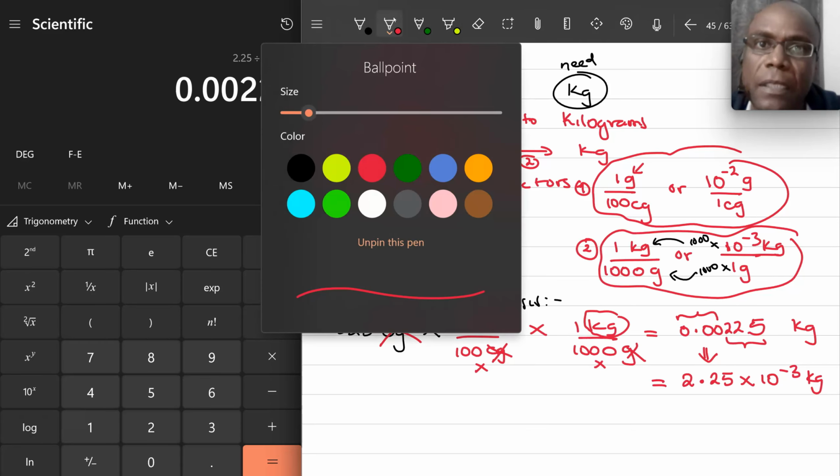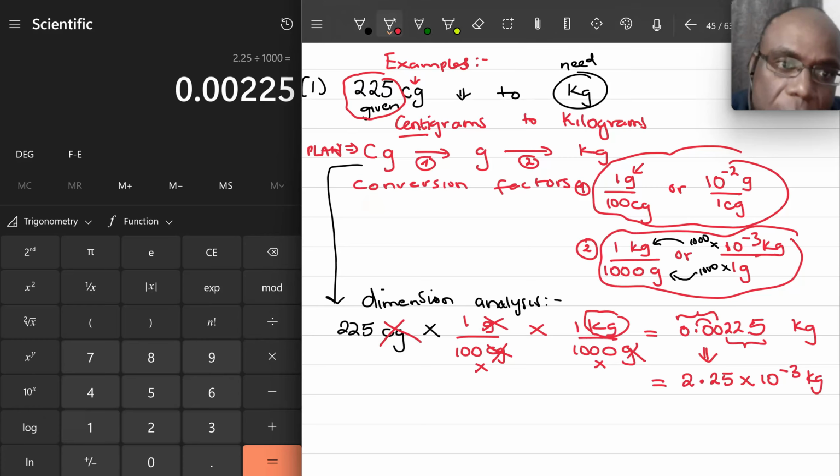How do I know that? If you have a number value in standard form and you move the decimal point to the right, your power of 10 must be negative the value of how many steps you skipped. So we skipped 1, 2, 3 steps to get here.